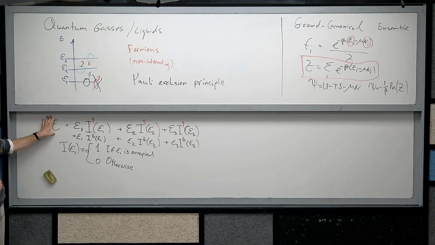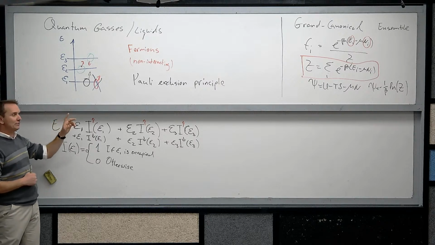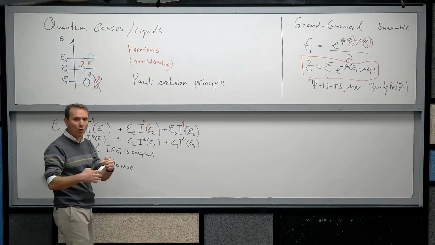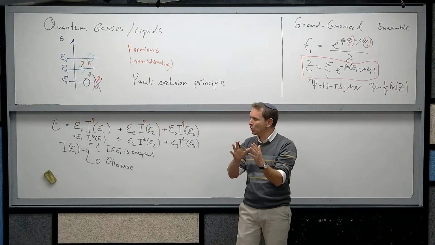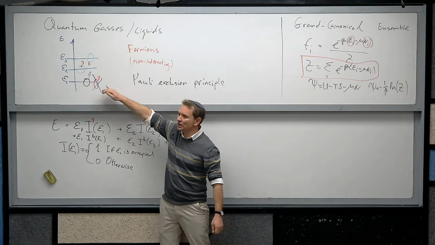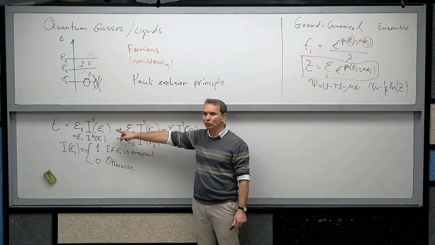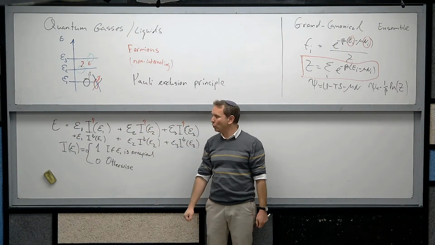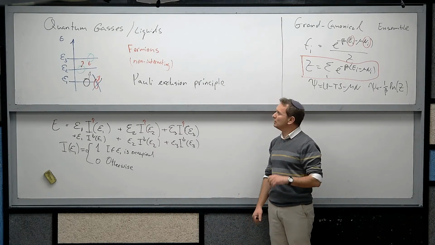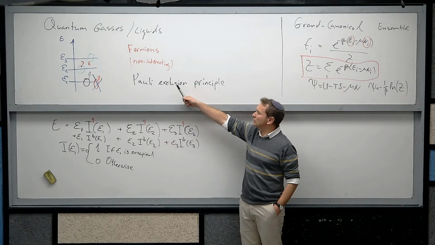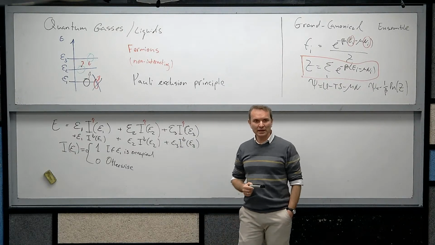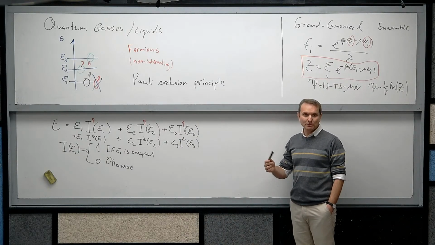But in order to write the total energy, I'm now trying to write the energy not as the sum of the different particles, but the sum of the states. Now, if the state is occupied, it's going to contribute the energy that is associated with the state. If the state is not occupied, it's going to contribute 0. Now, the thing is, because all the different states are independent, one state couldn't care less about all the others.